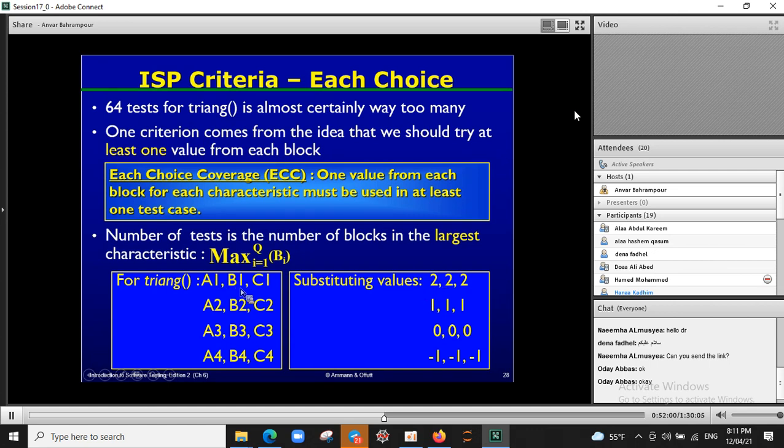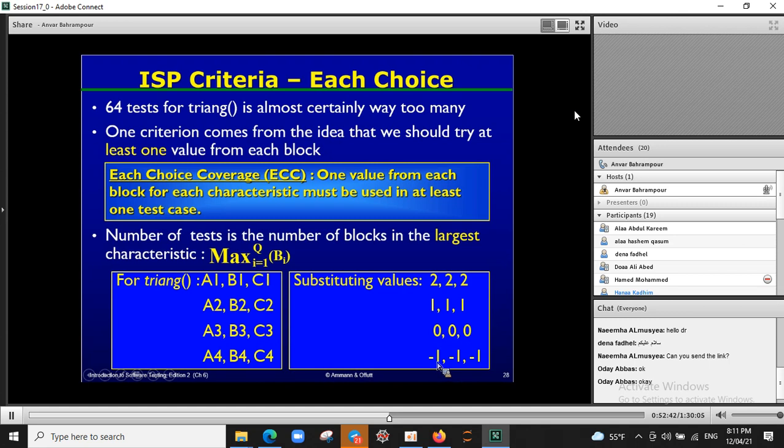When we want to test these combinations, an instance of A1 is 2. 2 is the boundary value in the A1 block. This is the same for B1 and C1. Then we want to test a triangle with A2, B2 and C2 values. We substitute each of these with a concrete value. The only concrete value in the A2 block is just 1 value. This is the same for the third block, where we consider a block with just the value 0.